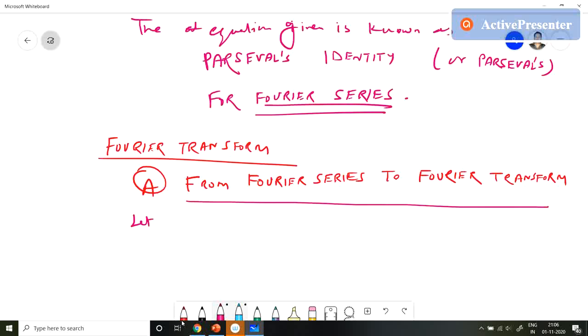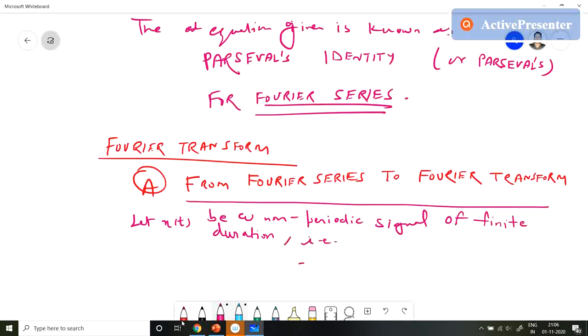So let x(t) be a non-periodic signal of finite duration, that is, x(t) is equal to 0 for modulus of t greater than capital T1.